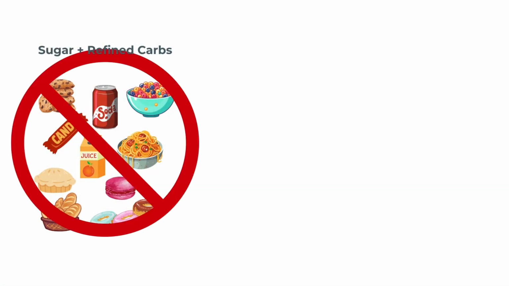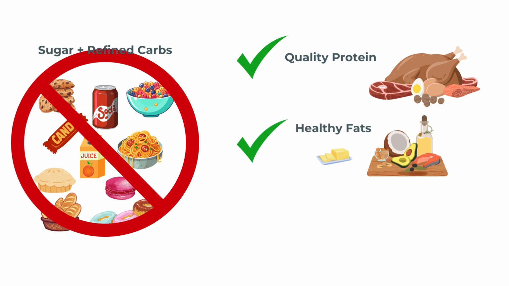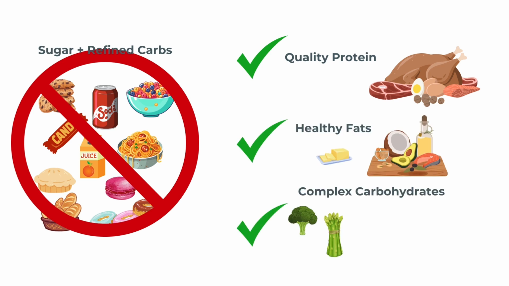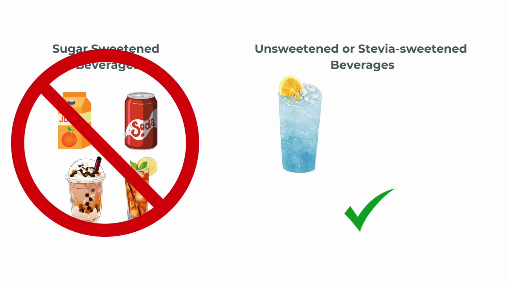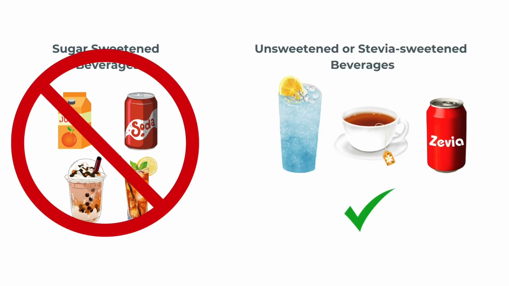Instead of reaching for refined sugars and carbs, reach instead for quality protein, healthy fats, and complex carbohydrates like vegetables, fruit, nuts, and legumes. Swap out sugar-sweetened beverages like soda and fruit juices with better options like sparkling water or sodas sweetened with stevia instead of sugar.